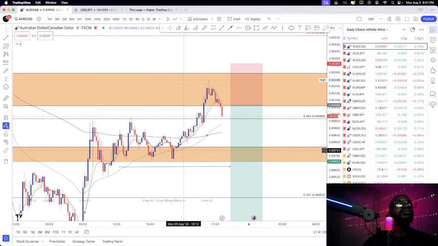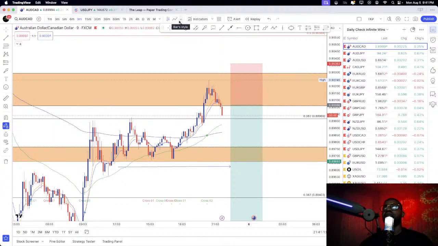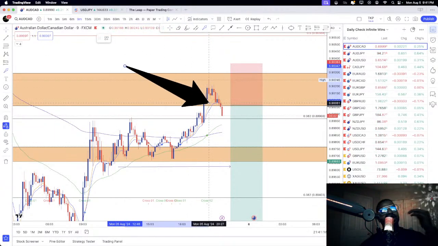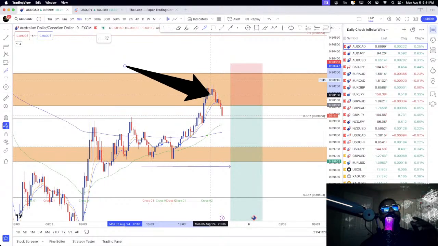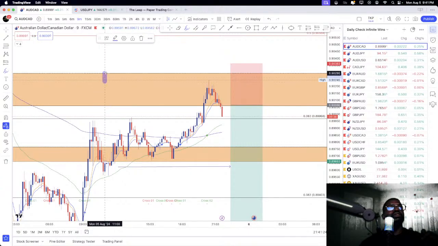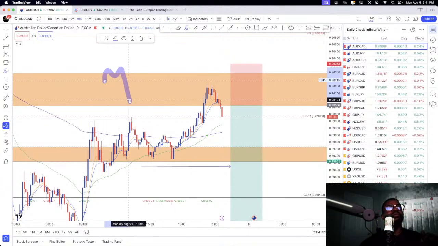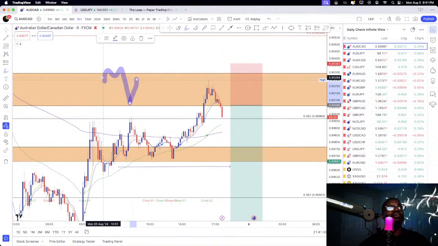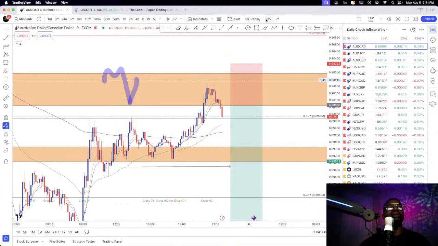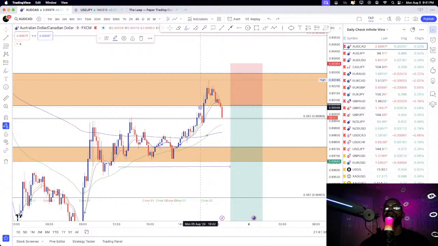Now look at that. I was just showing you guys about that double top. And here's an example of the same thing happening here. I love when I give you guys an example and it happens in current price. So I showed you, typically if you see that M in the market, price will pull back to retest that area and then it'll fall. Let's take a look at what's right in front of us. Okay.